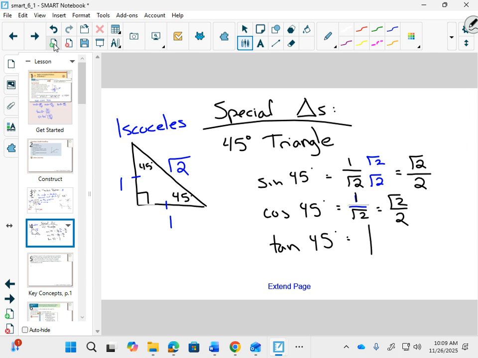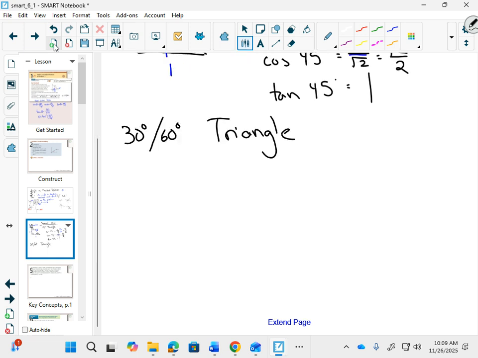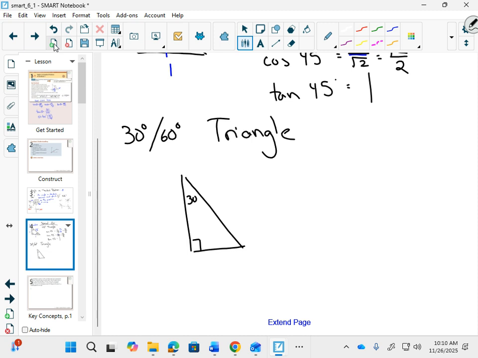Special triangle number 2. The 30-degree, 60-degree triangle. So I make a 90 degree. I make one angle 30 degrees. And does it make sense that if they added up to 180, the other angle would be 60 degrees?